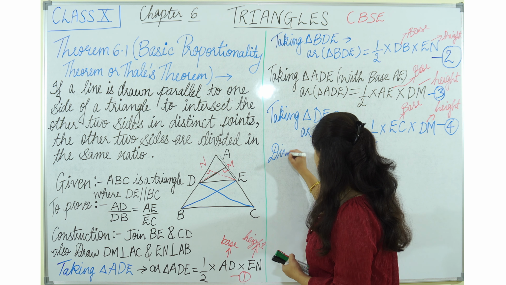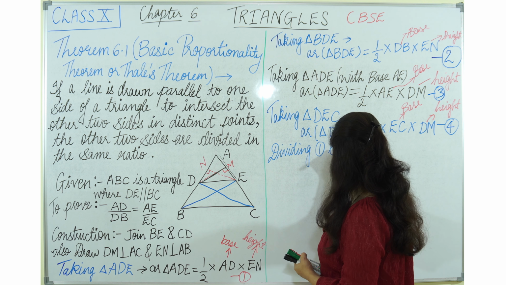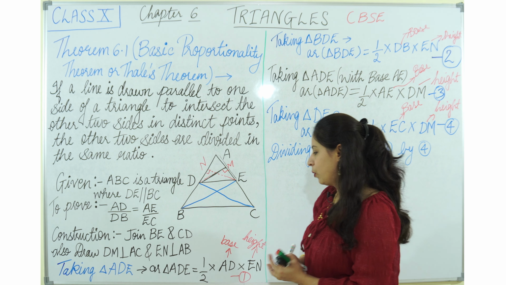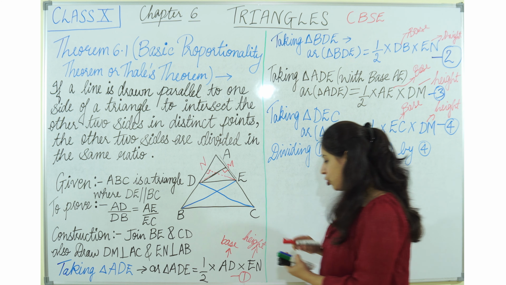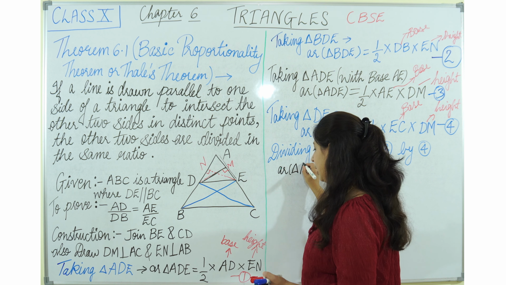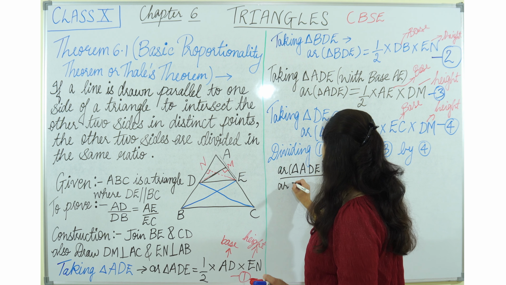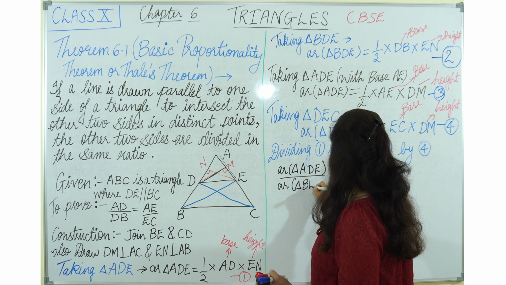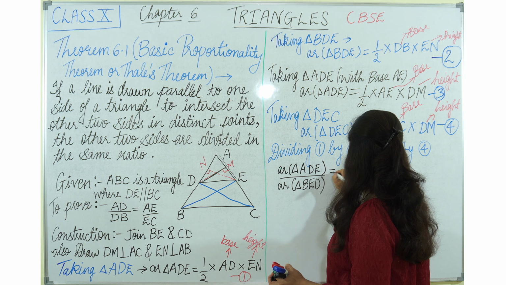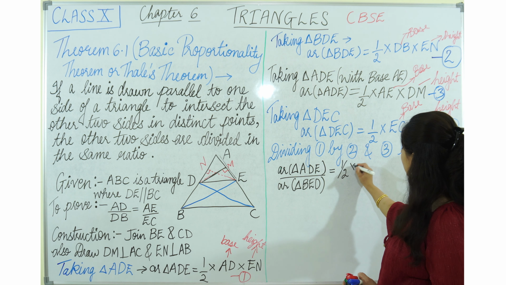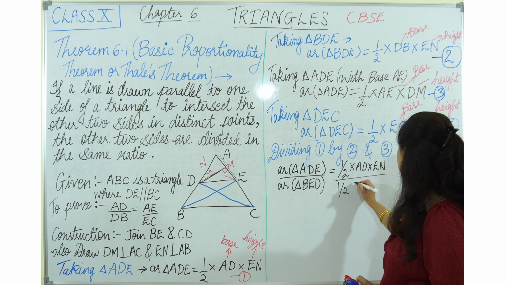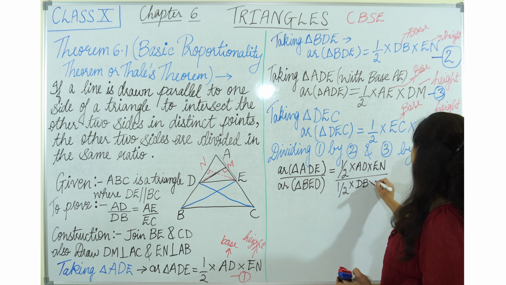So when we divide equation 1 by 2, we get area of triangle ADE upon area of triangle BDE is equal to half AD into EN upon half DB into EN.